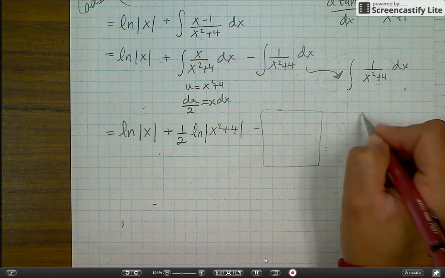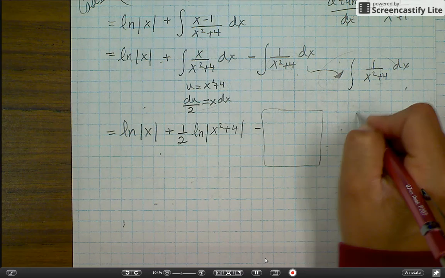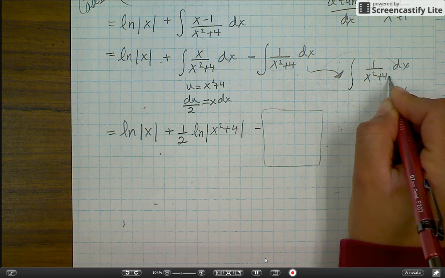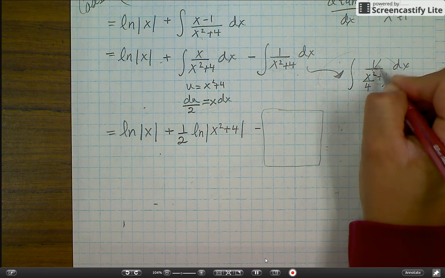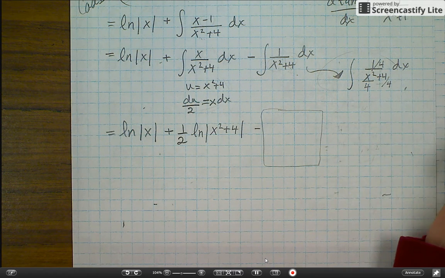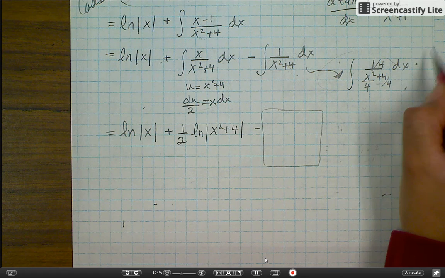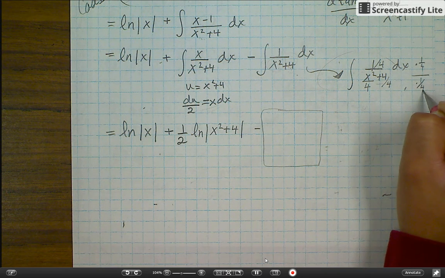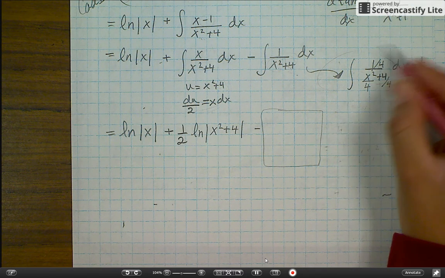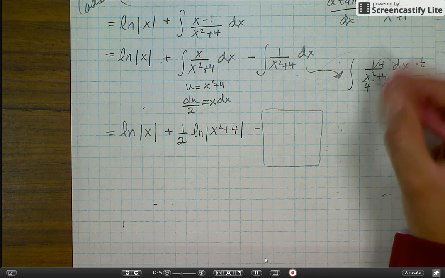So I'm going to divide this 4 by 4. I'm going to divide this x squared by 4, and I'm going to divide this by 4. So essentially what I've done is I've multiplied the numerator by 1/4 and the denominator by 1/4. So I multiplied by a special 1, essentially. So I am not changing the value, I'm just changing the way it looks.